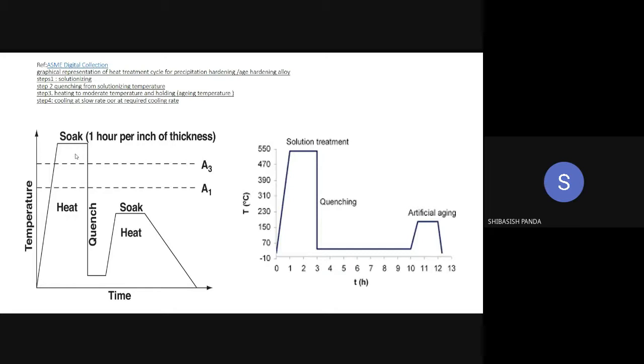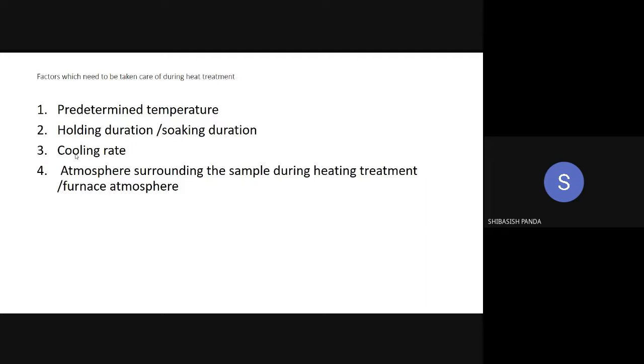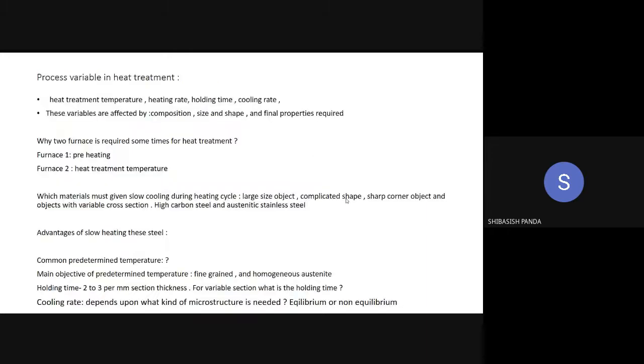So in that case, sometimes we need a high predetermined temperature. So you have understood how they are related to one another. You can write it in your examination. This is okay now.